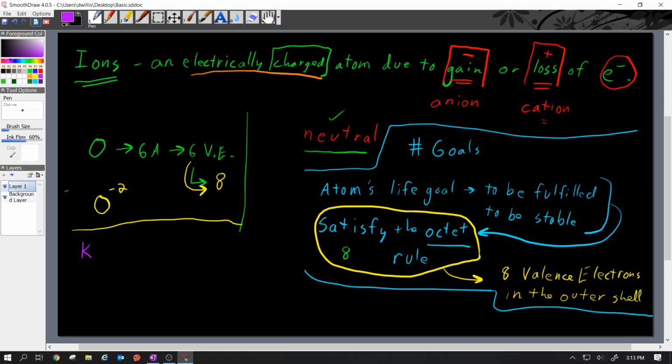And that was its original Latin name, which is why it is a K in the periodic table. All right. So, again, what group is it in? Yeah, group 1A, which means 1 valence electron.